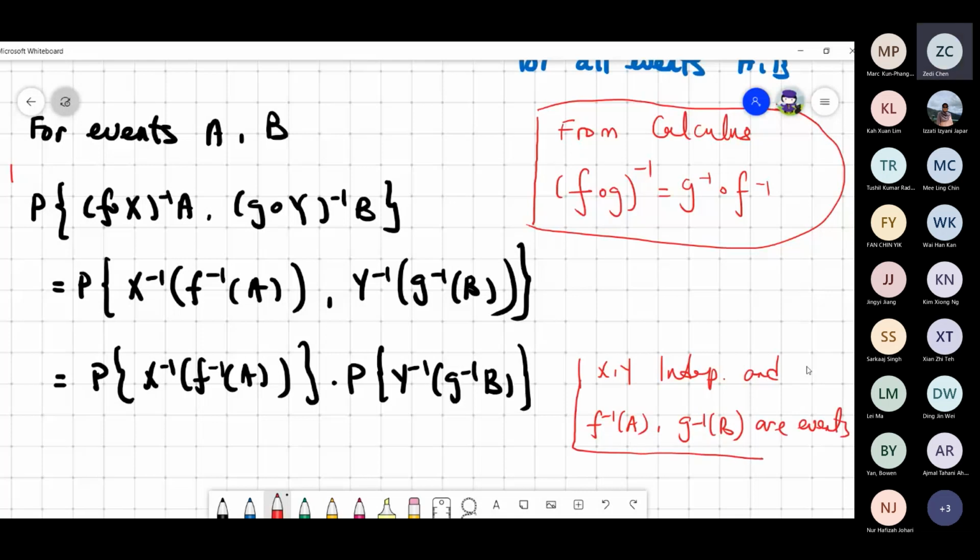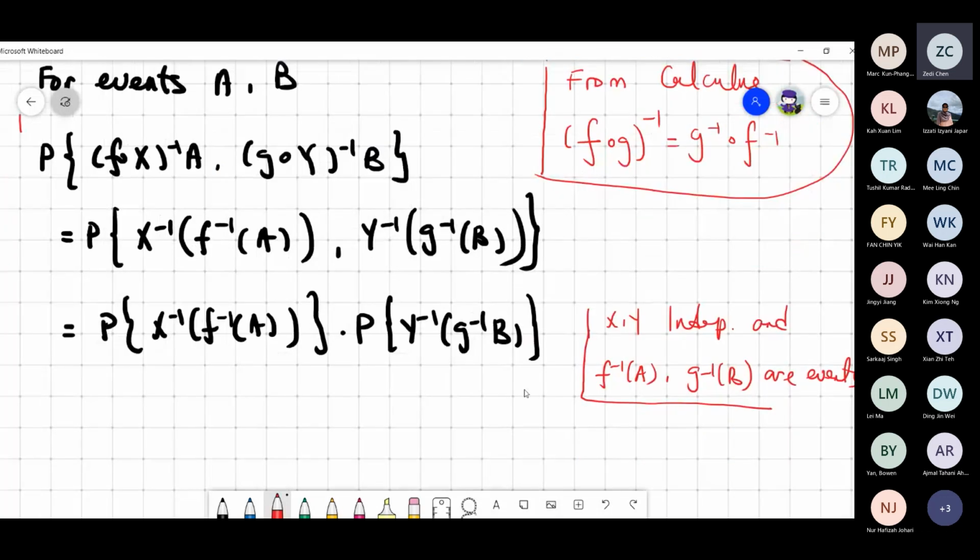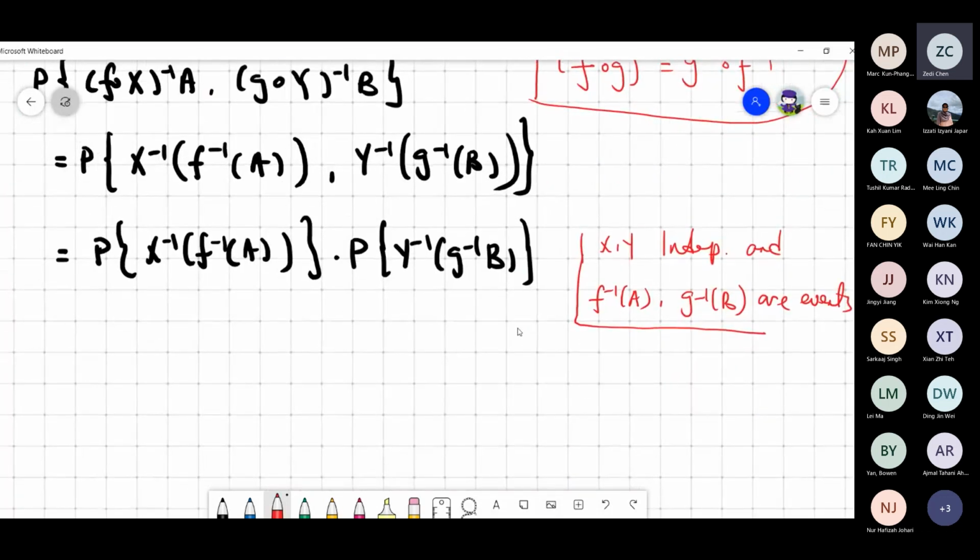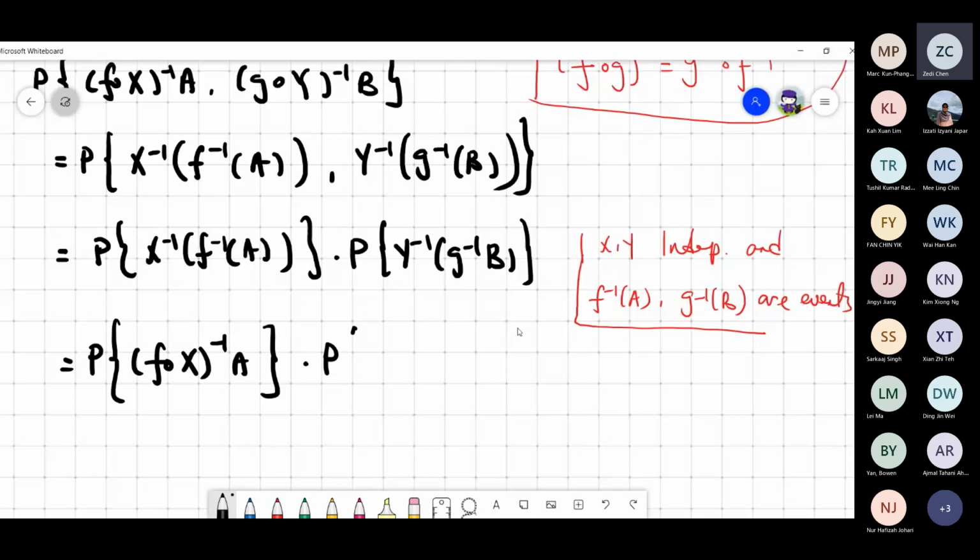Now we apply this identity back into here, then we can get back this line. This will be equal to P of F composite X inverse of A multiplying P of G composite Y inverse of B. So again, we have achieved what we want to do.